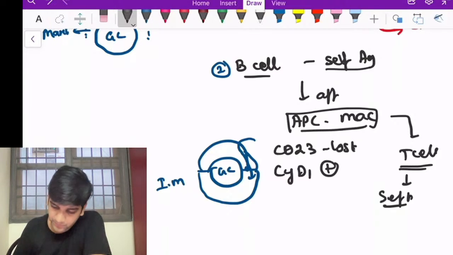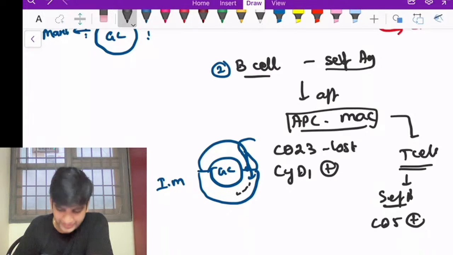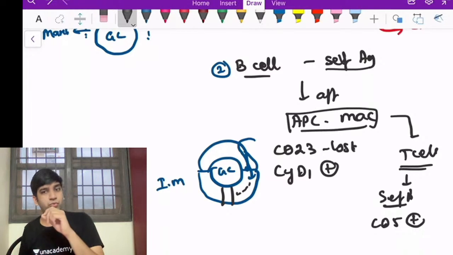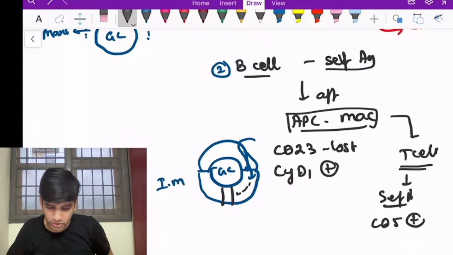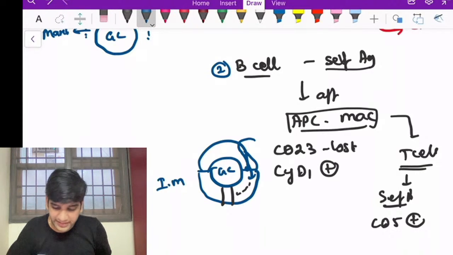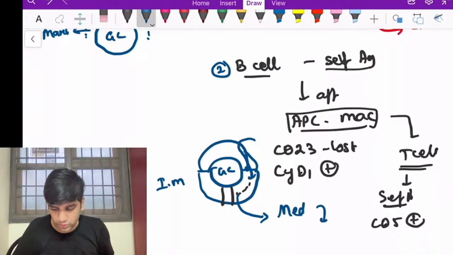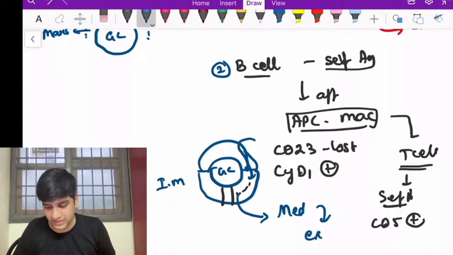Once there's no self antigen, my CD5 will still be present. It comes here but cannot enter, because to enter the germinal center, CD5 should be lost. So any B cell exposed to self antigen will come outside, go to the medulla, and exit the lymph node.